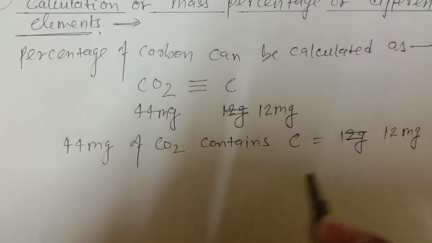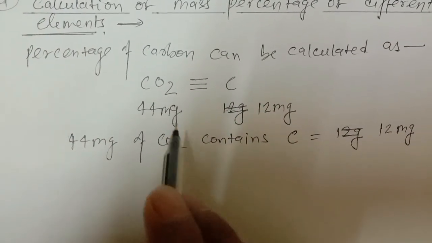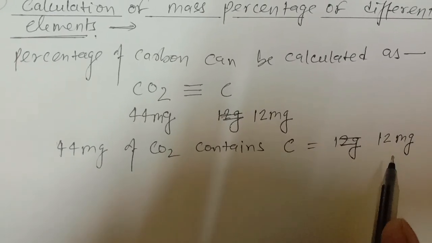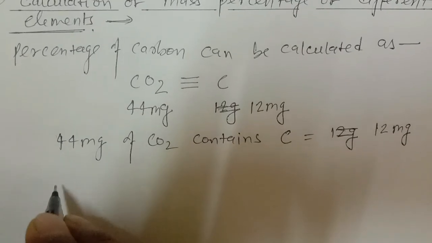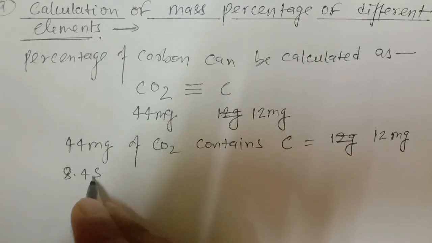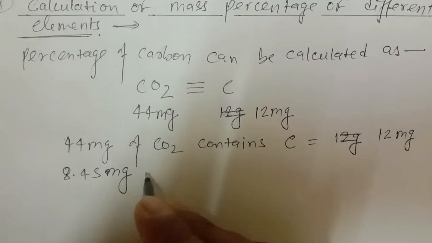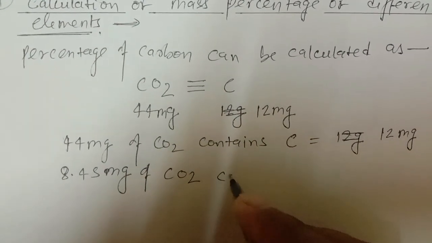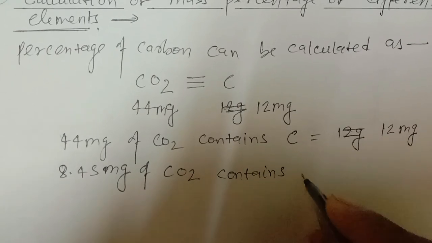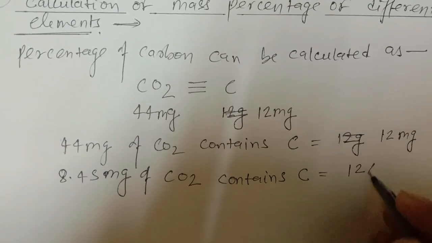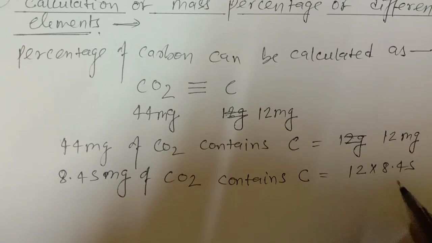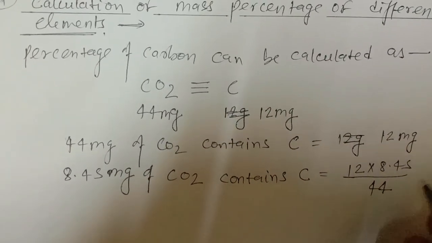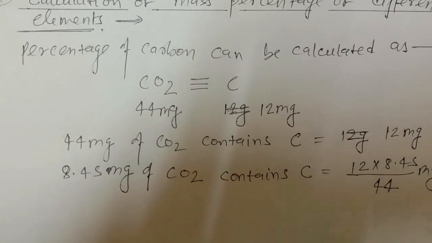So 8.45 milligram of CO2 contains carbon equal to 12 into 8.45 divided by 44 milligram.